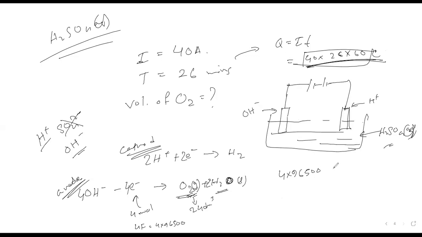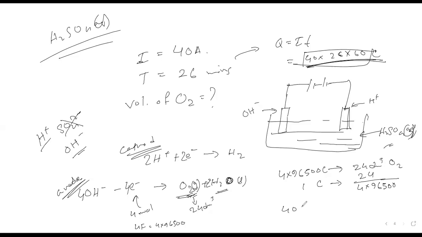From this amount of charge, 4 times 96500, we get 24 dm cube of O2, isn't it? Then from 1 coulomb of charge, how much will we get? 24 divided by the number of charges, because we need to divide for all the charges in order to get 1 coulomb.